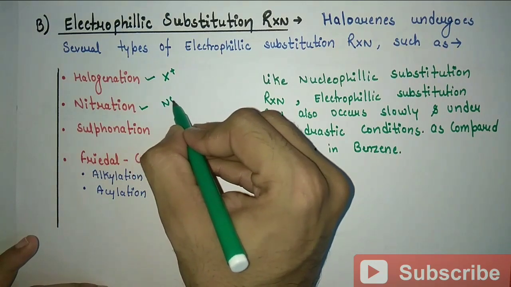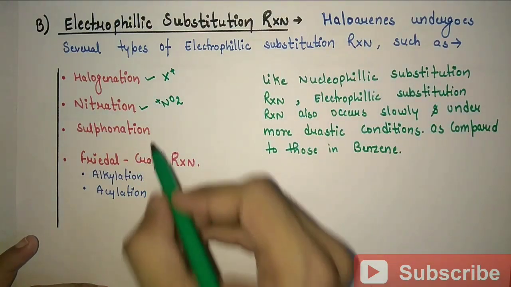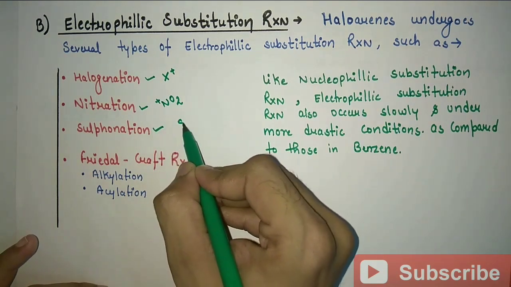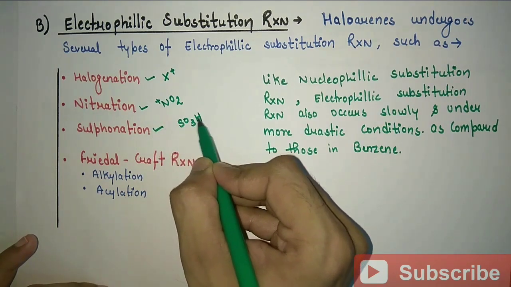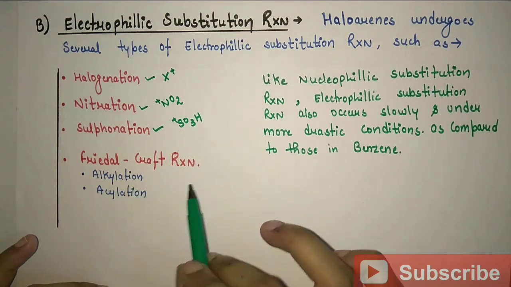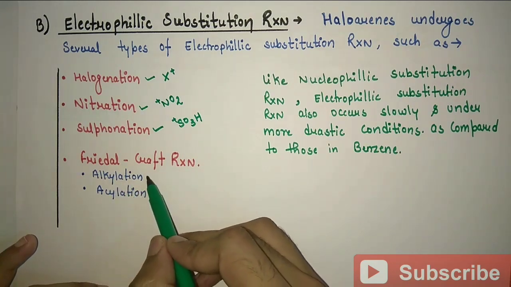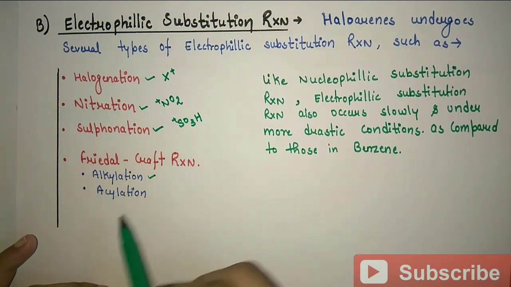In this case the electrophile will be NO2 plus, and the next one is sulfonation. In this case the electrophile will be SO3H plus. And the last one is Friedel-Crafts reaction, which is of two types, that is Friedel-Crafts alkylation and Friedel-Crafts acylation.